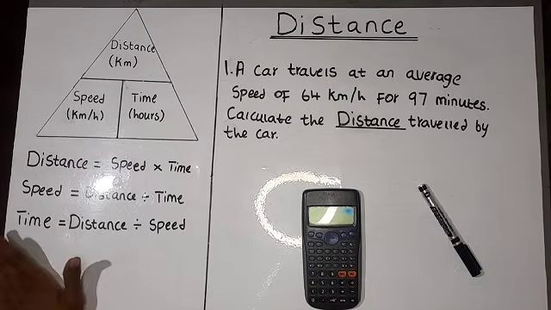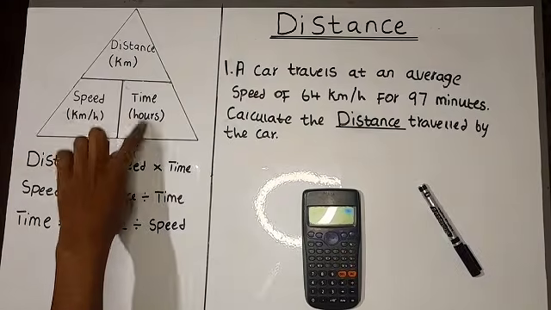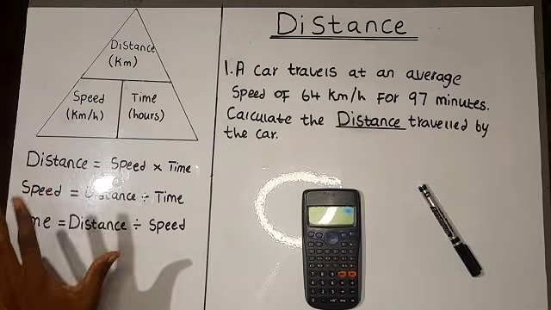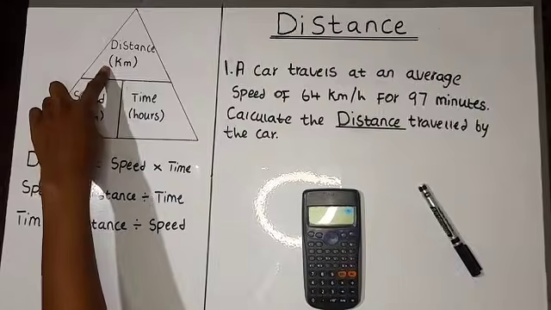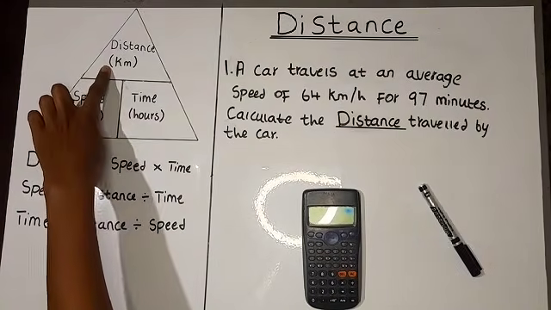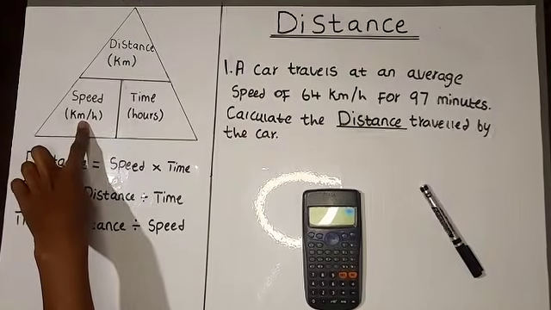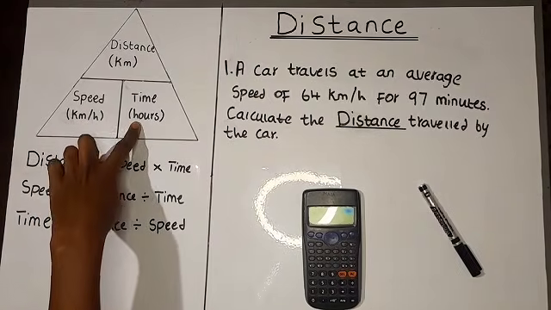So as you can see, we have distance, we have speed, we have time. So first thing first, the most important things you need to know when it comes to calculating distance, speed, and time is that your distance, when you write the formula, should always be in kilometers, your speed should always be in kilometers per hour, and your time should always be in hours.